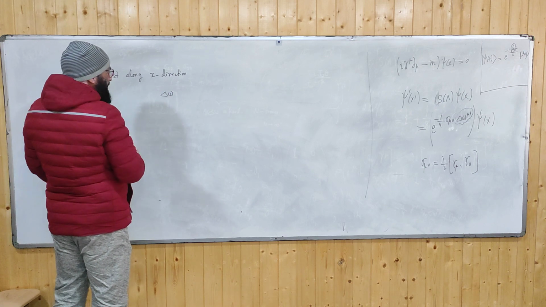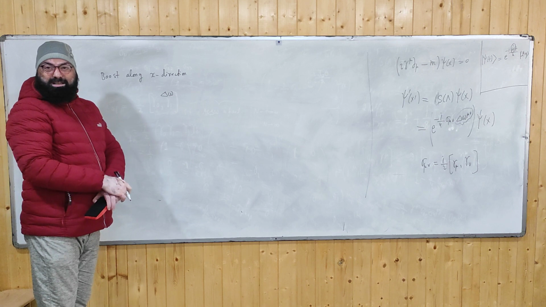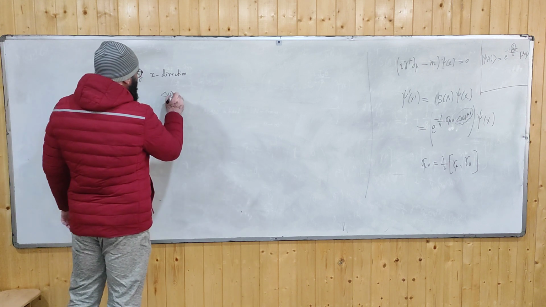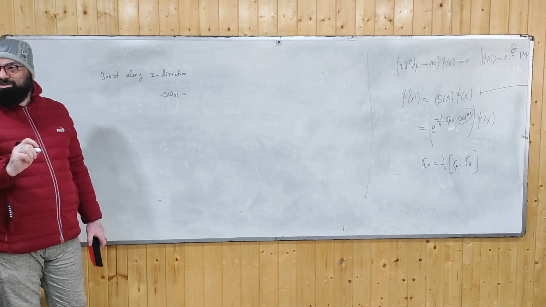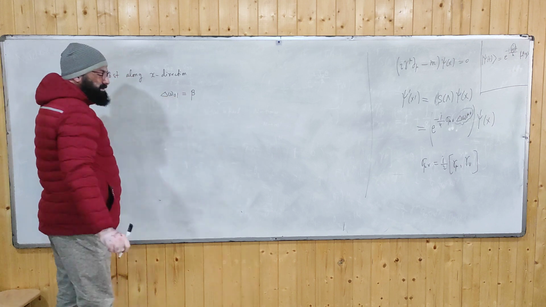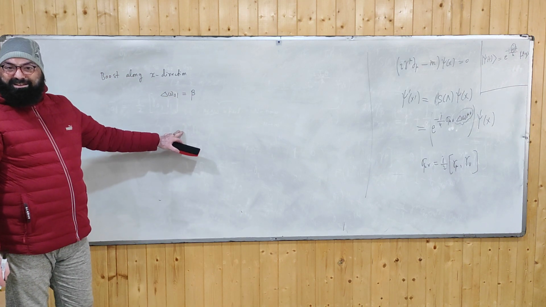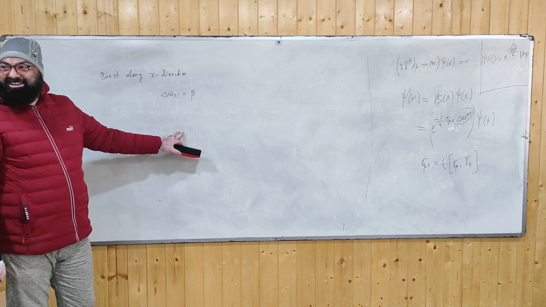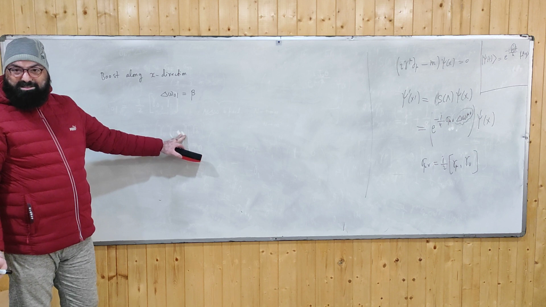For delta omega, what do I need to consider? Delta omega 0 1. Is that true? Yes, sir. This will represent the boost parameter along x. How much is that? Beta. Clear? So delta omega 0 1 is beta. Is it true?